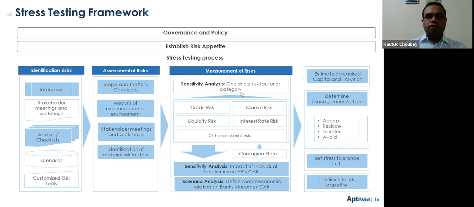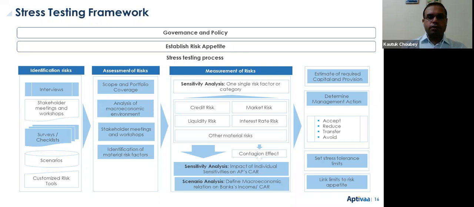With this, we then move to the next part, where the measurement in terms of sensitivity and scenario designing is undertaken. So this begins with the sensitivity. For example, if a particular portion of my lending book is sensitive to the movement in oil prices, the first question you may ask is how sensitive it is.